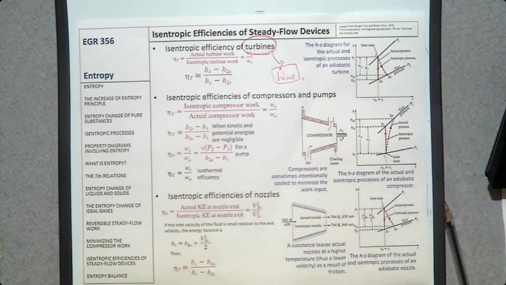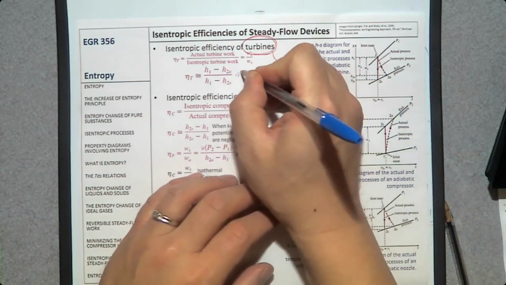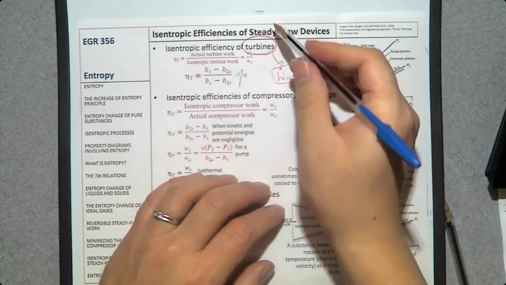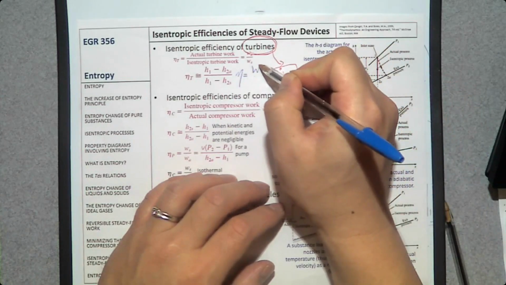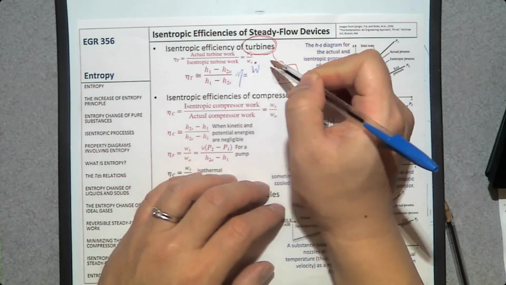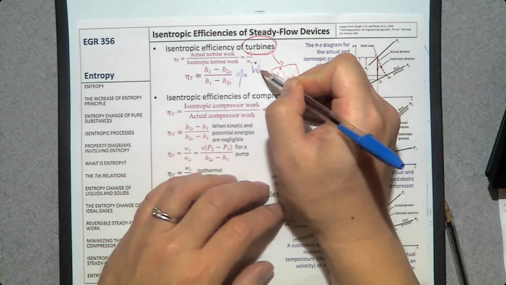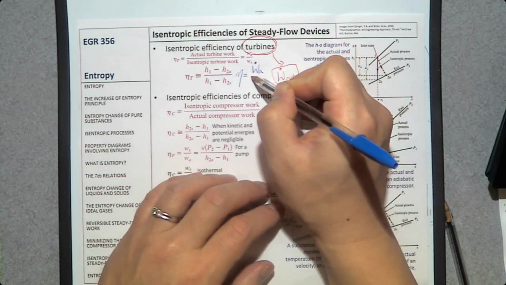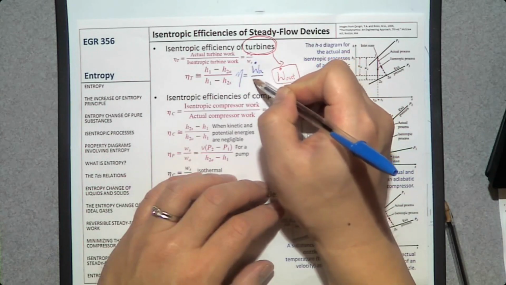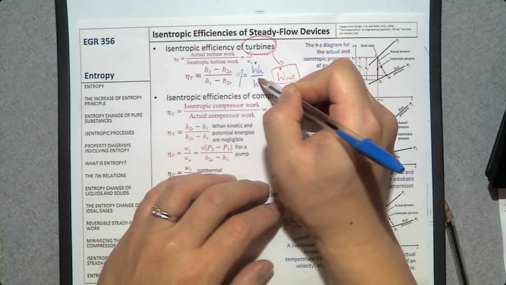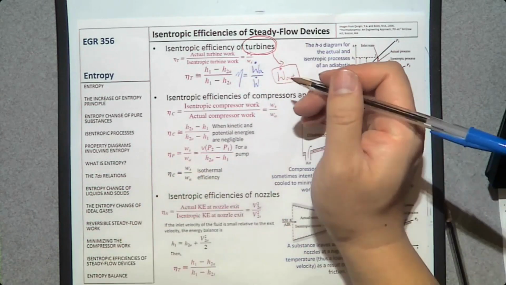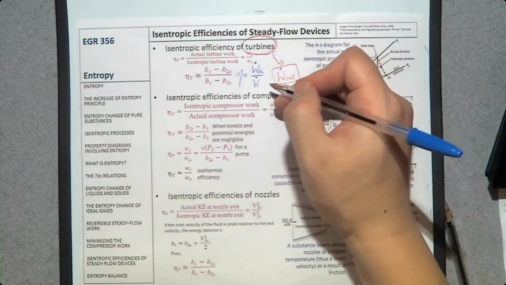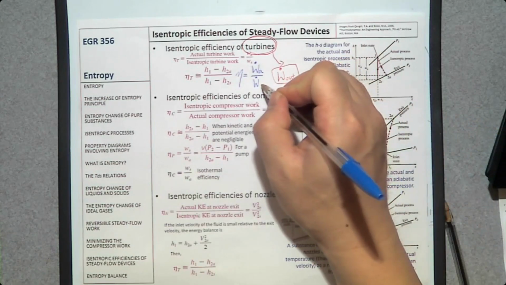So if you calculate how much power is produced by an actual turbine, W dot A, and divide by how much power is expected to be produced by an isentropic turbine, which is an ideal turbine, I'm going to say W dot S.